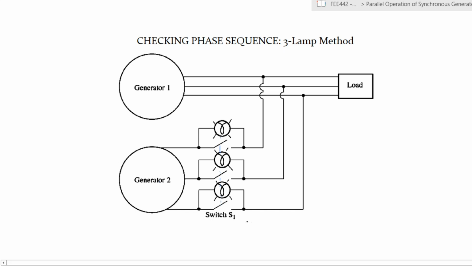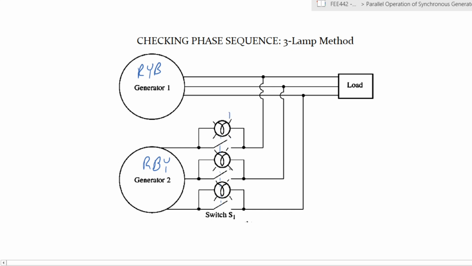If the phase sequence is opposite, like assuming this phase sequence is red, yellow, and blue. If the phase sequence was red, blue, yellow, which is the opposite, these lamps would light up out of sync with each other. So they would go bright and dim at different instances, right?